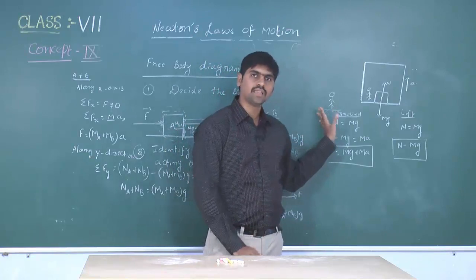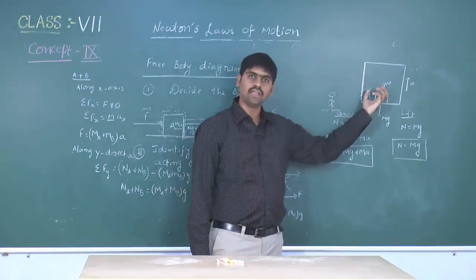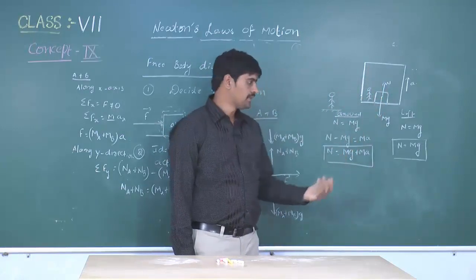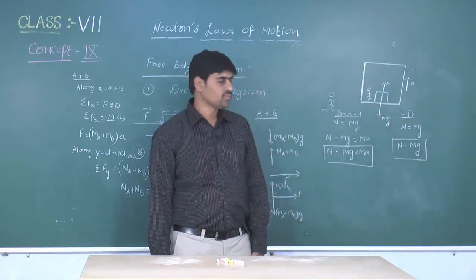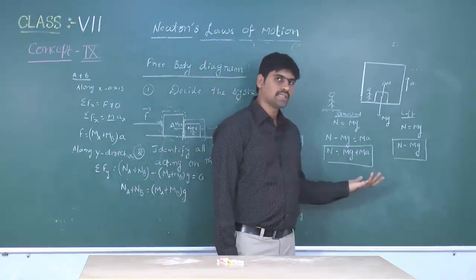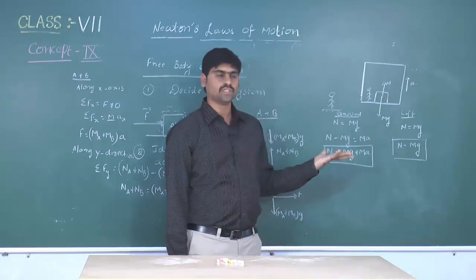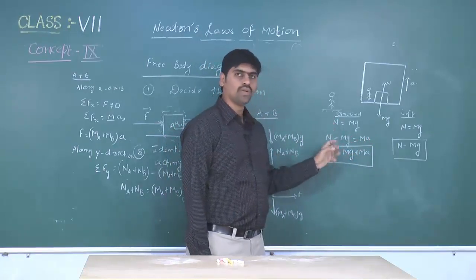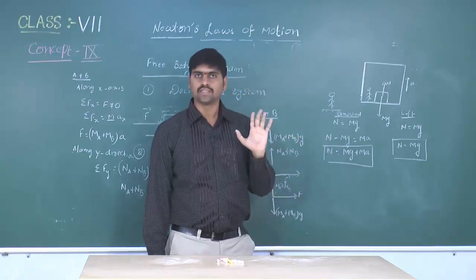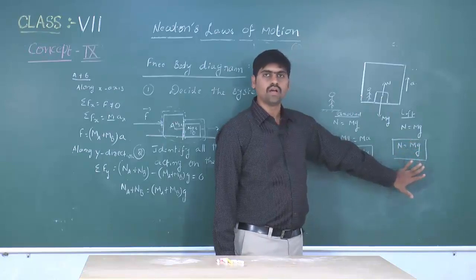The observer on the ground gives one answer, the observer in the lift gives another. Which one is correct? According to practical observations, the answer of the observer on the ground is the only correct answer. So this other answer is wrong.